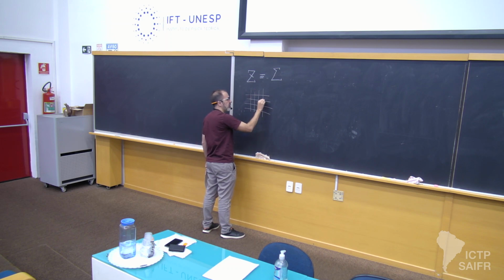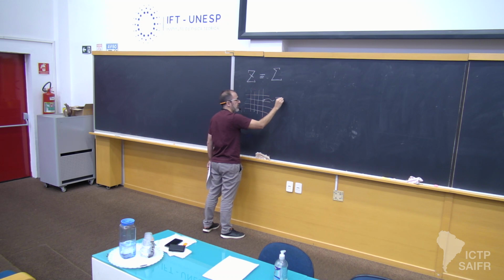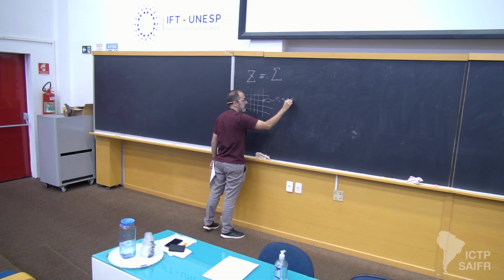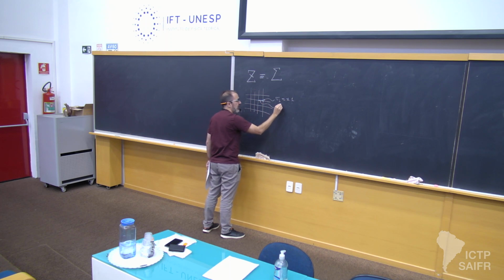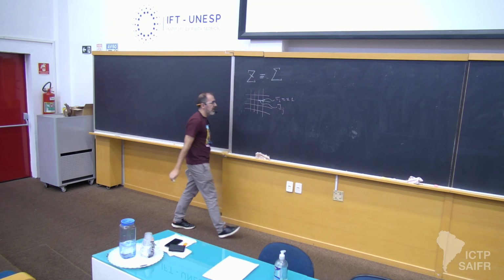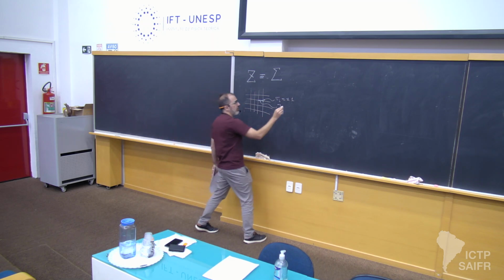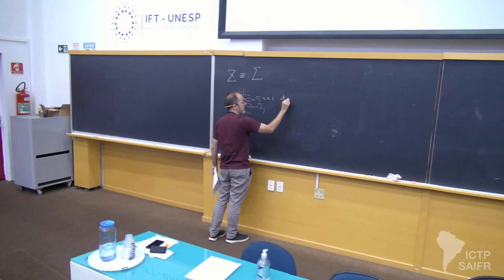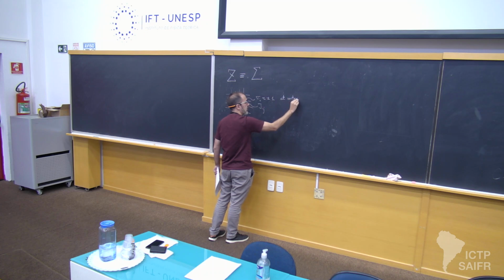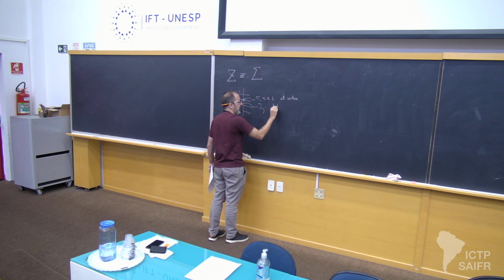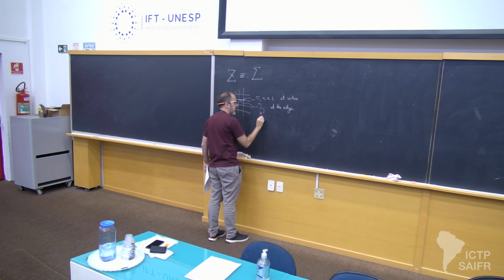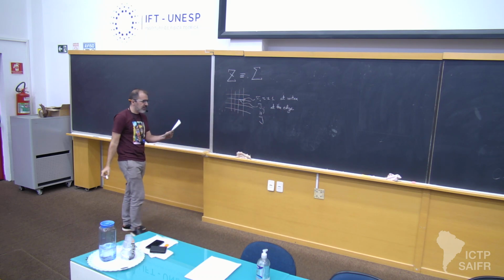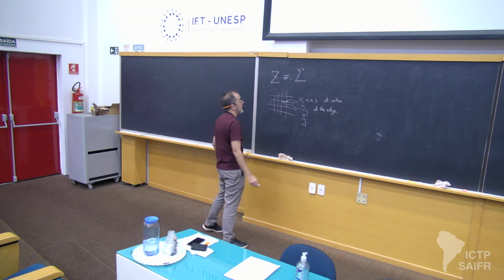At each vertex of my lattice, I have a spin that can take two values, +1 or -1. At each edge of my lattice, I have a coupling, Jij. So this guy I have at the vertex, and this guy I have at the edge. And for us, this Jij will be the same for all edges, and it will be just J.